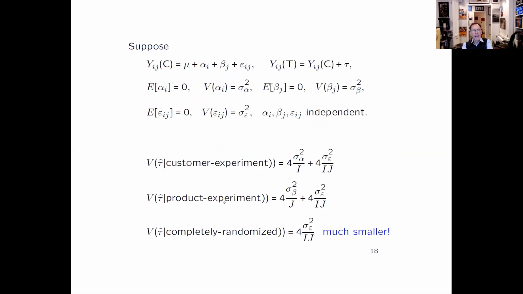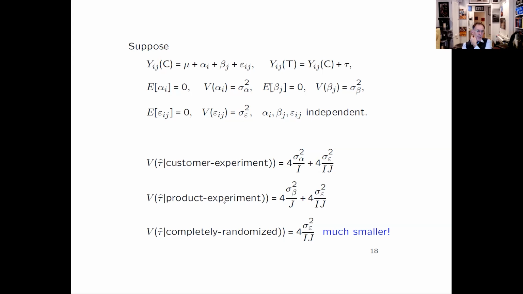Suppose that the potential outcomes satisfy the fixed effect structure, where there's a customer-specific component alpha I, a product-specific component beta J, and some idiosyncratic component.